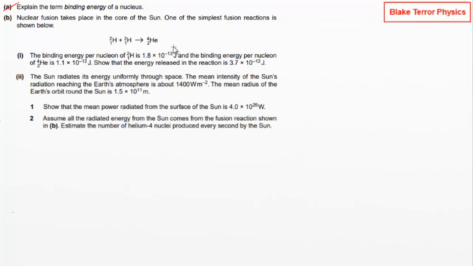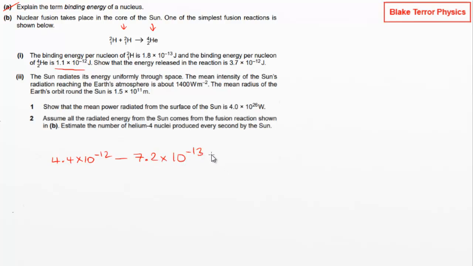So we're going to have more binding energy on the way out than on the way in. We need to do the binding energy for the helium. That's 4 times the 1.1 times 10 to the minus 12, so 4.4 times 10 to the minus 12. Take away the binding energy the other side, where we've got 2 times 2, so 4 again. 4 18s is 72, so 7.2 times 10 to the minus 13.